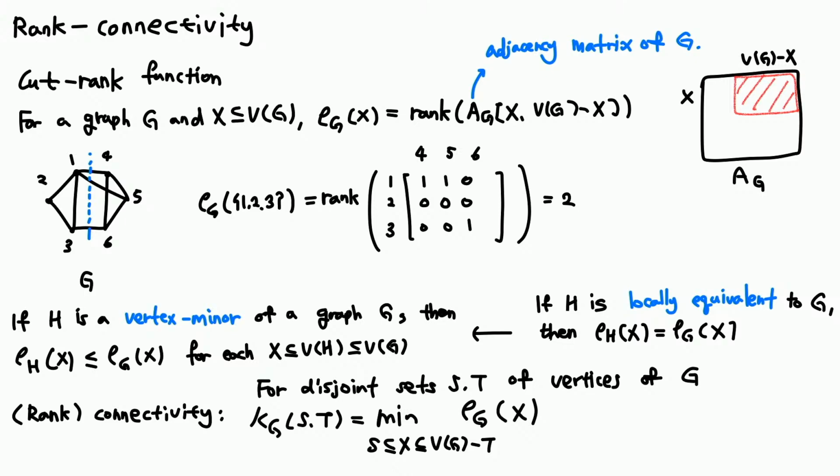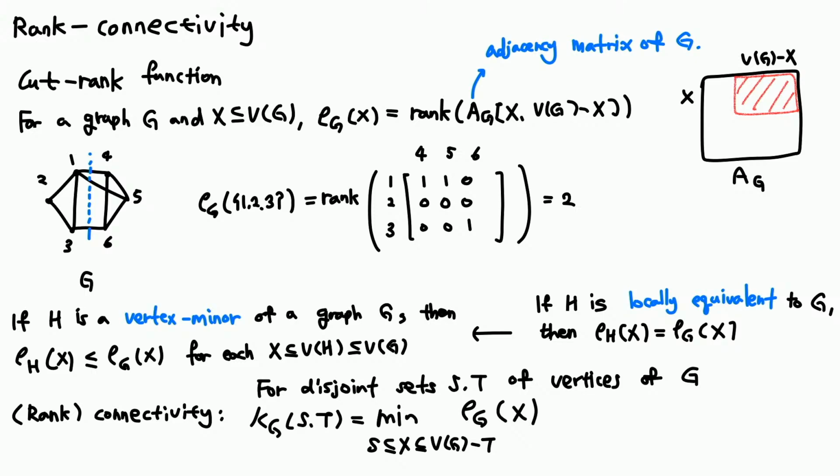One interesting property of the cut-rank function is that it is invariant under taking local complementation. In other words, if a graph H is locally equivalent to G, then H and G have the same cut-rank function. Also, deleting a vertex of a graph only keeps or decreases the rank of the submatrix of the adjacency matrix.